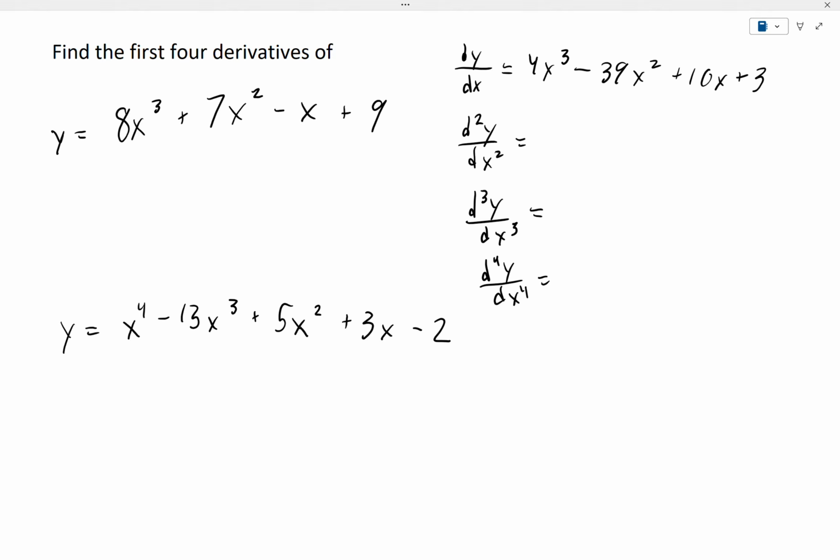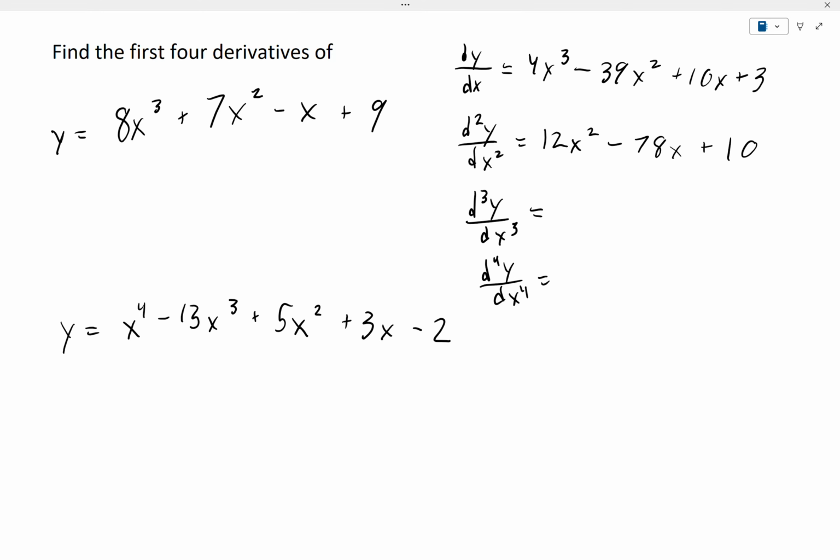So if we look for the second derivative, we're just taking the derivative of what we have up here. So that's going to be 12x squared minus 78x plus 10. And then the derivative of 3 is just 0.